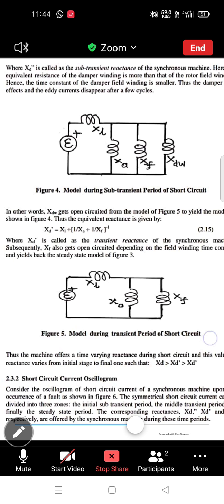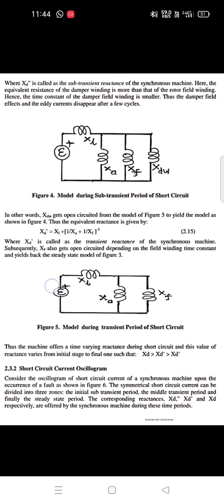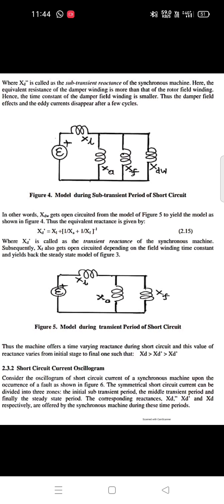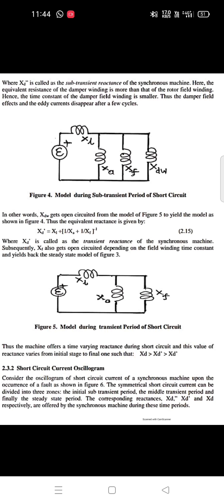Here the equivalent resistance of the damper winding is more than that of the rotor field winding. In the sub-transient reactance, the damper winding resistance will be more than the rotor field winding's. Hence, the time constant of the damper winding is smaller. So you have to remember this: if the equivalent resistance is more, the time constant of the damper winding is smaller.